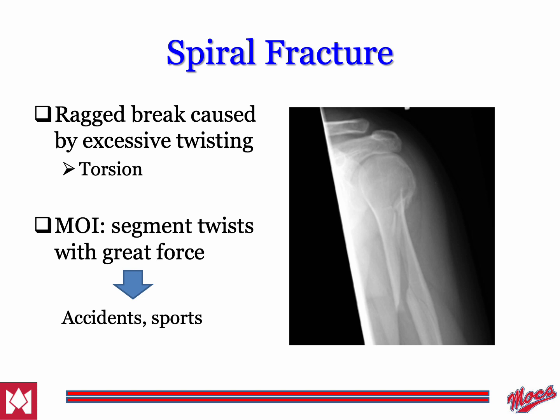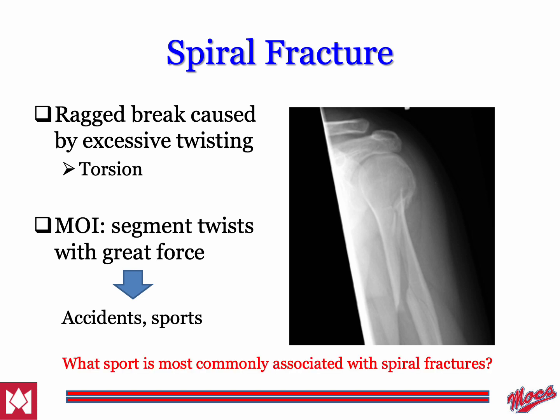Now, there is a particular sport that is most commonly associated with spiral fractures, and since we are not in class, obviously we can't have a discussion much about this, but it is actually arm wrestlers, right? If you really want to, you can get on YouTube and look up arm wrestling spiral fracture, and it's very interesting because obviously the humerus is being twisted constantly, right?